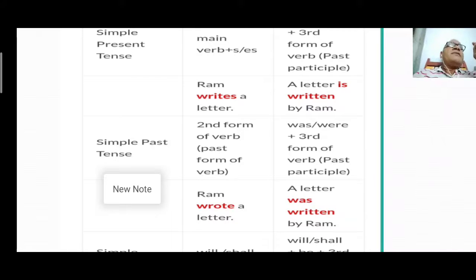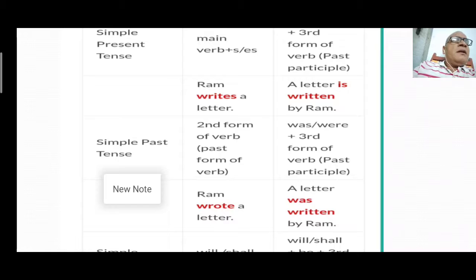If we get a question on grammar, 90% of questions are based on agreement between subject and verb. If the subject is singular, the verb is also singular. If the subject is plural, the verb is also plural.